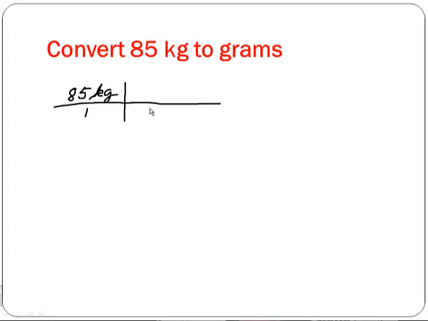Now, I'm going to remember that I want to be able to cancel out the units that I do not want, and the units that I want are going to be placed at the top. So I want grams here. So I work with the units first, and then I'm going to write kilograms down here.